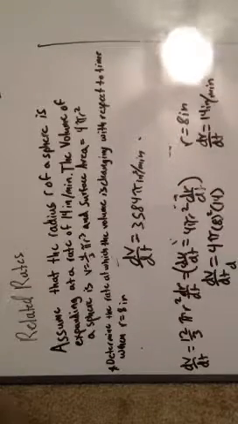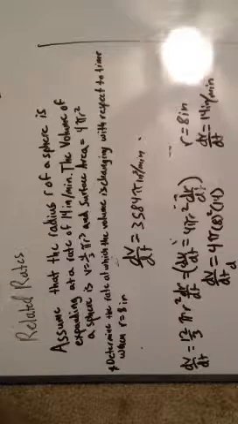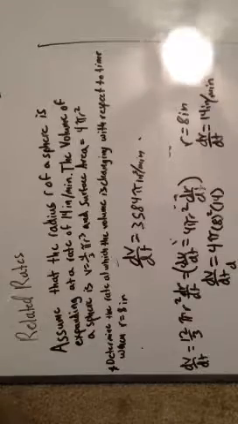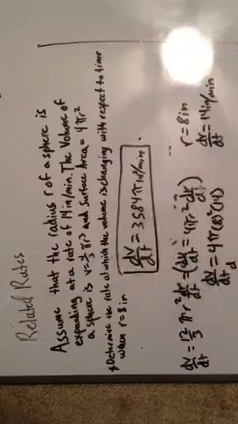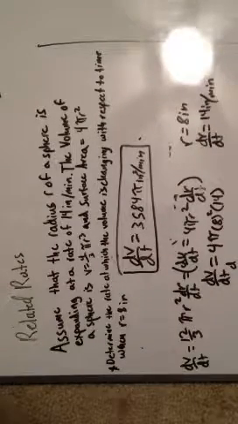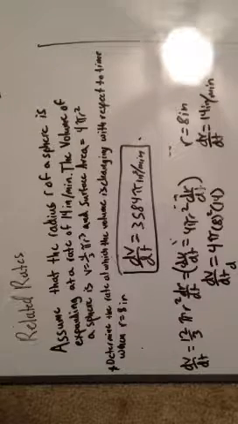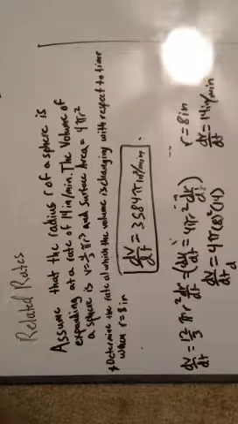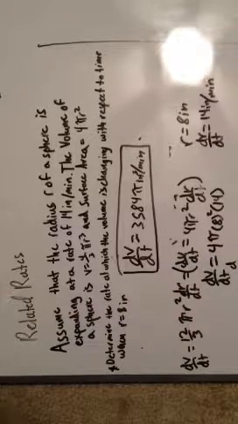And that's going to be the final answer. So the volume is changing at a rate of 3,584 pi inches cubed per minute. So now we can do another example problem. Let's just erase this real quick.